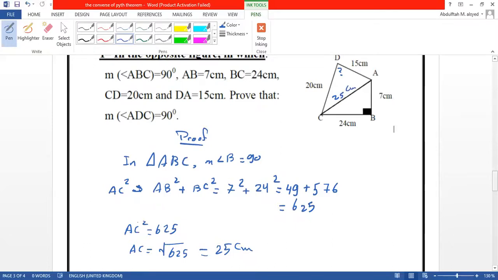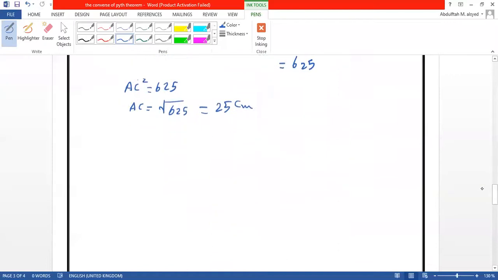Now you can use the converse of the theorem. عندك AD equals 15, DC equals 20, AC is 25. So you have to make sure that AD squared plus DC squared equals AC squared. In the triangle ADC, نبدأ نشوف AD squared plus DC squared equals what?